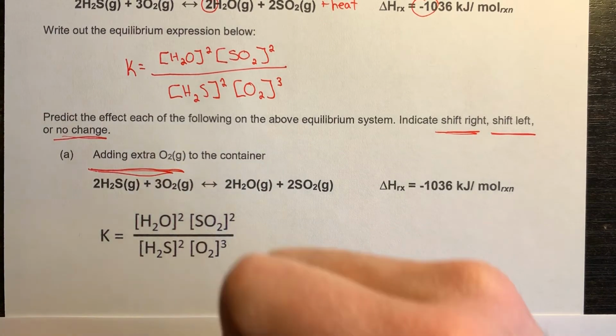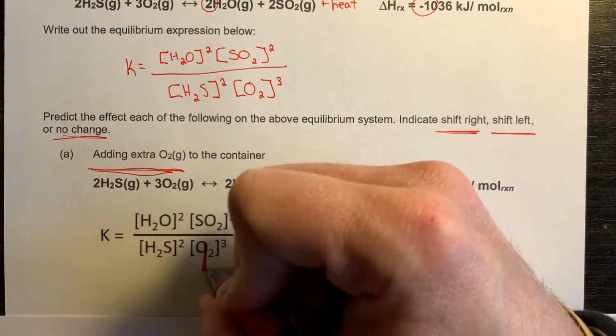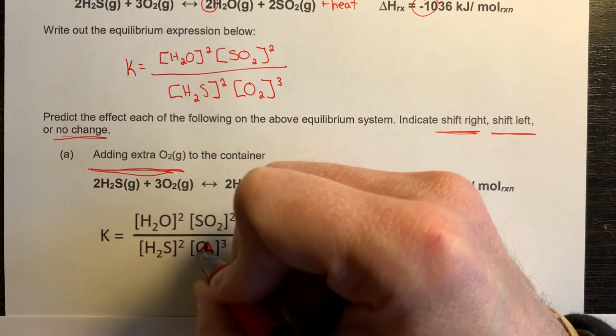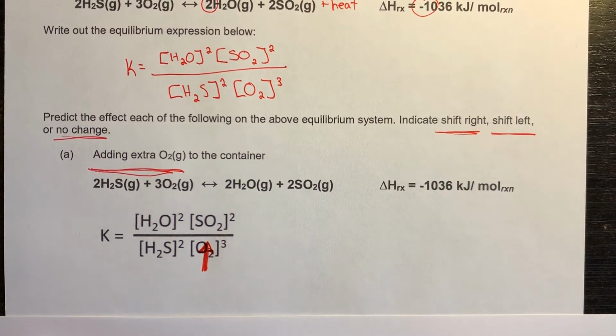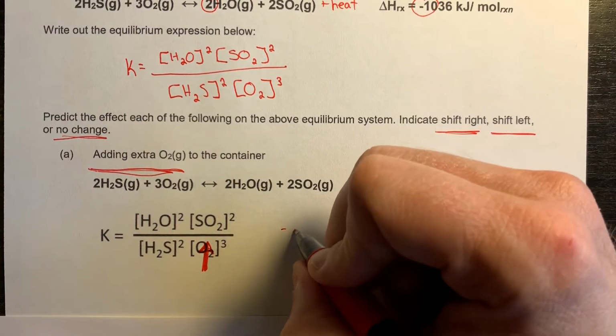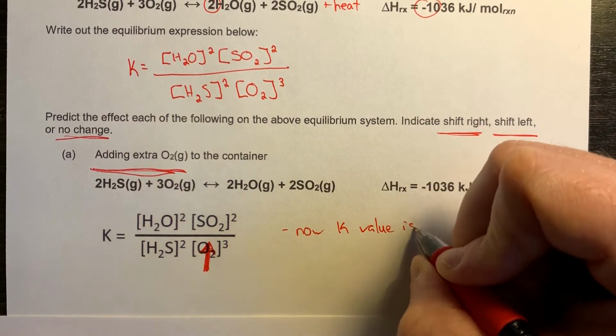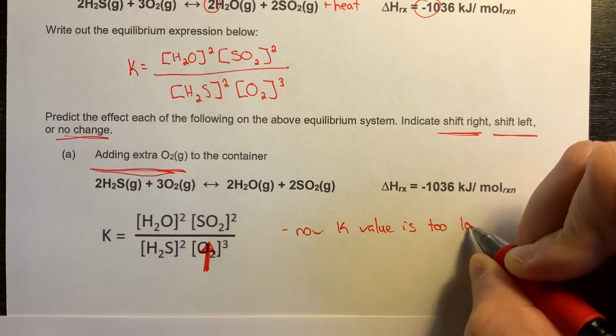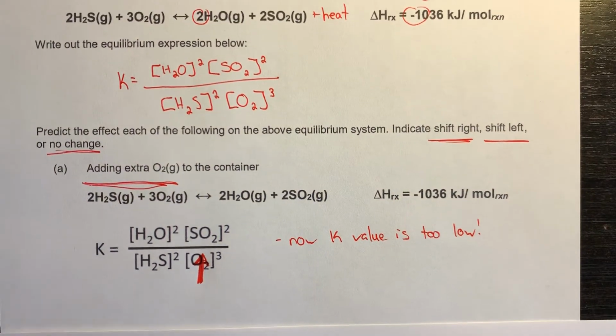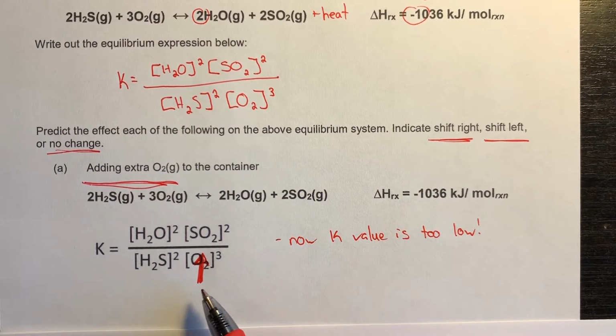So if we look at our K value, we just increased this amount, okay? And when that happens, what this means is that now our K value is too low, right? If we increased our denominator, that means our K value is too low.